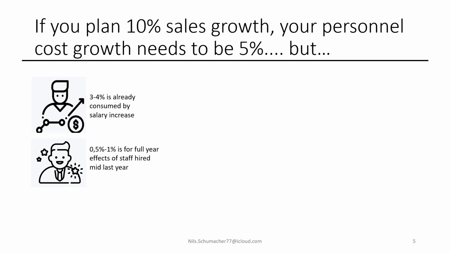And that is money that goes out the door without increasing any capacity whatsoever. Another 0.5% to 1% is the full-year effect for the people you hired mid last year, because this year you will have to pay them the full year of salary. That leaves about 1% for new projects and new capacity increase.